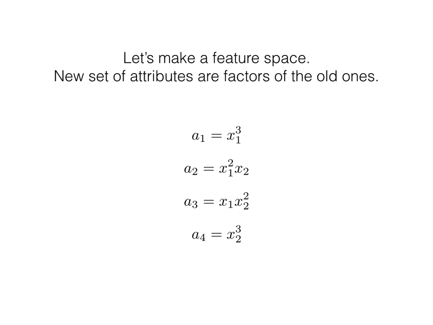The third attribute in our feature space is x1 times x2 squared, and the fourth attribute is x1 to the 0, which is 1, times x2 cubed. So you can see the pattern that we've taken. It's just a simple kind of polynomial. The polynomials add up to 3 in each case: 3 plus 0, 2 plus 1, 1 plus 2, 0 plus 3. So we've gone from 2 dimensions in our data space to 4 dimensions in our feature space.